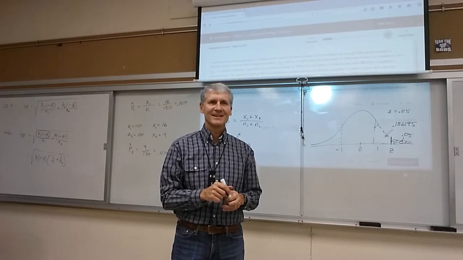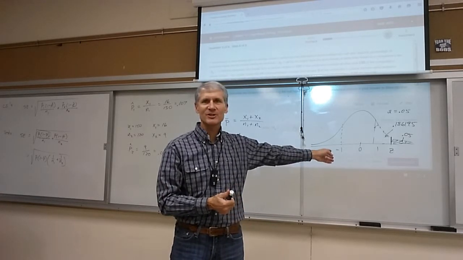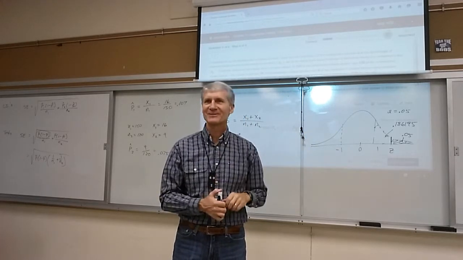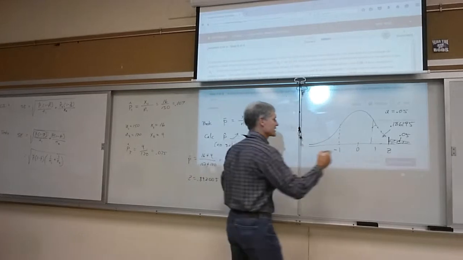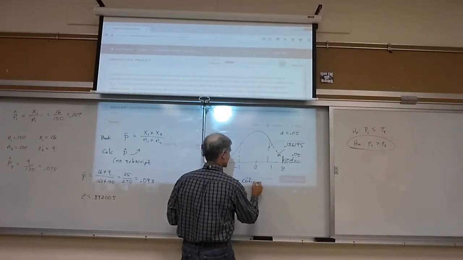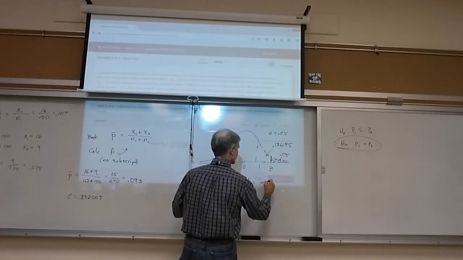Inverse something. And this is a z distribution, which is a normal distribution. So inverse norm, right? So this z critical value is the rejection region that they're wanting. So z critical value is inverse norm.